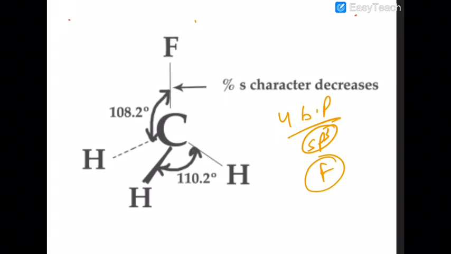In a CH bond, the electron density is closer to carbon, but in a CF bond, the electron pair of the covalent bond is nearer to the fluorine atom.